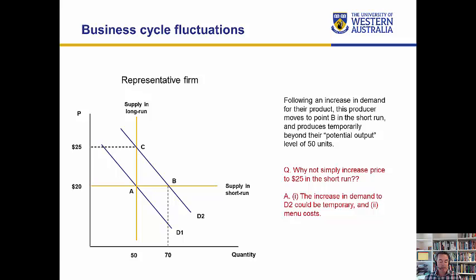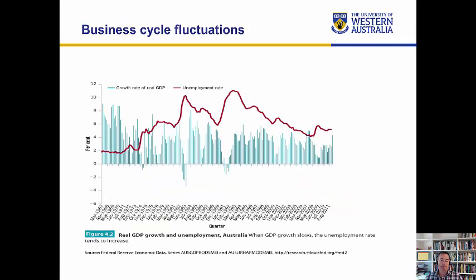So individually, companies act in their own self-interest by keeping prices constant in the short run and responding to changes in demand for their product by changing output, but when you aggregate that up economy-wide, it creates business cycle fluctuations. The individual self-interest of firms behaving optimally for their circumstances and their customers, in aggregate, leads to sometimes quite severe business cycle fluctuations.